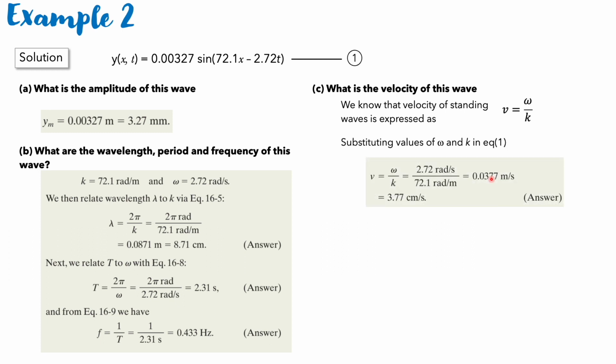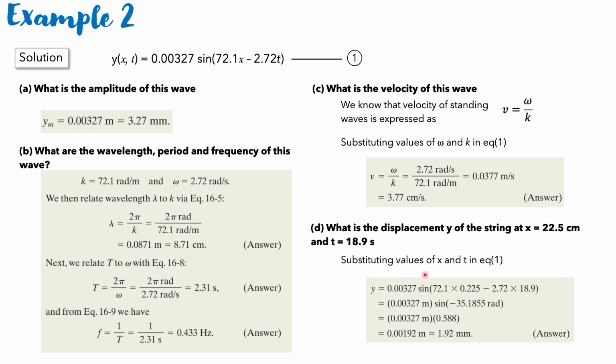And part D, you have to calculate the displacement of the string at a distance 22.5 centimeters from the origin and at time 18.9 seconds. So you will simply put these values in equation number 1 here.